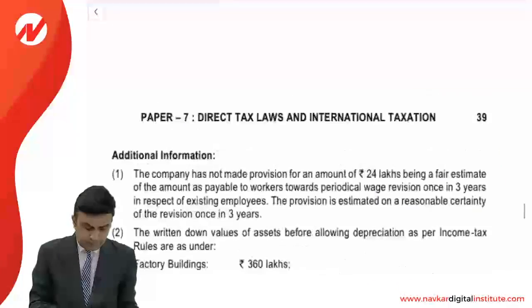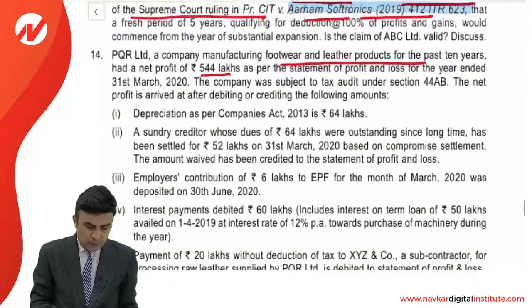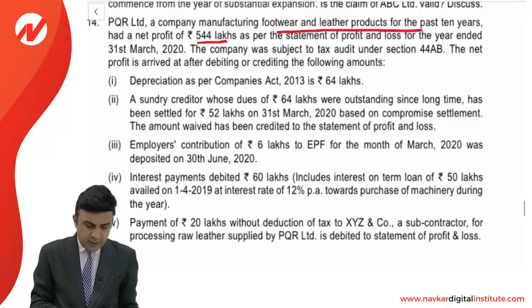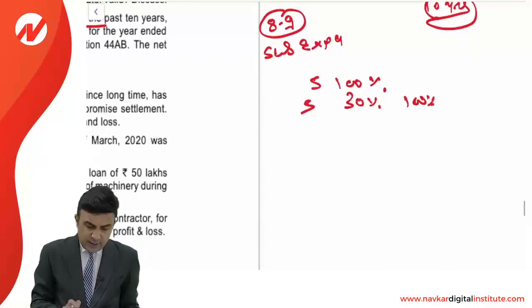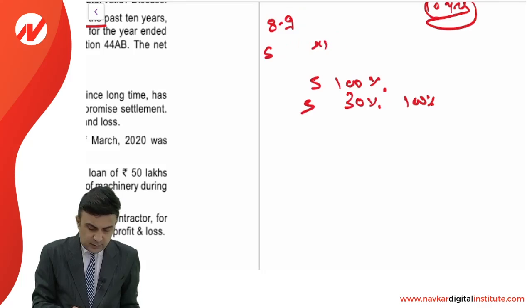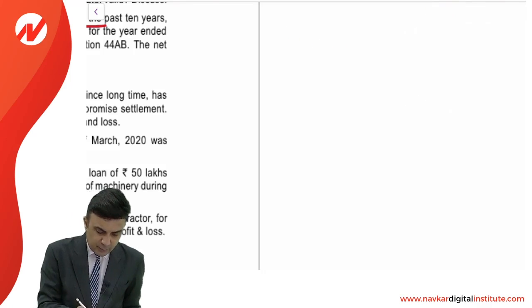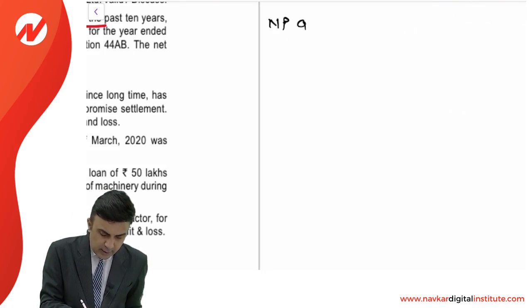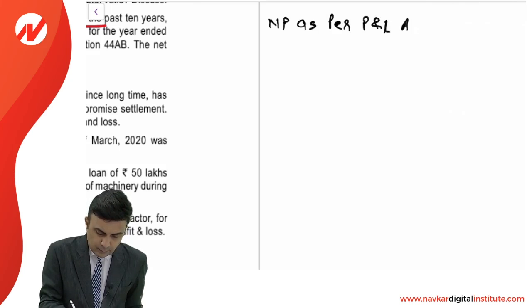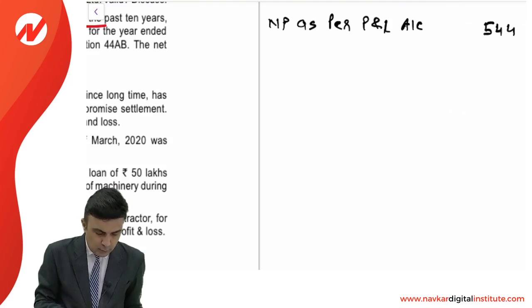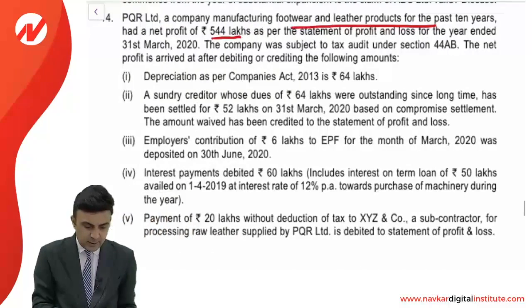Let's check out. See, the sum is from apparently business and profession. And I am solving it over here only so that I don't have to change the book every now and then. My net profit as per P&L account is 544 lakh, right?